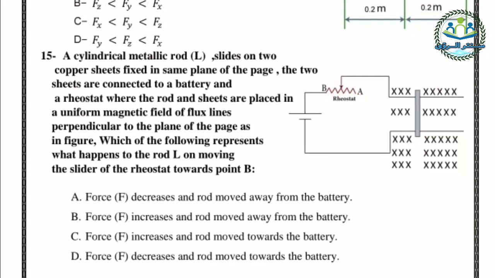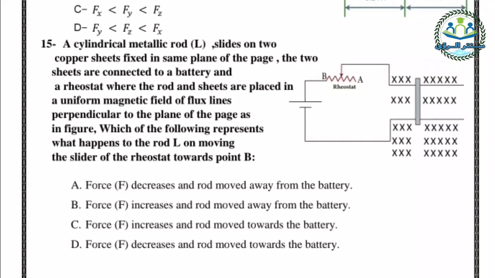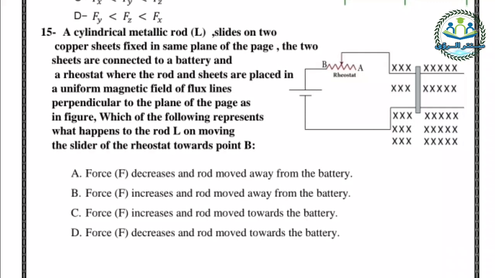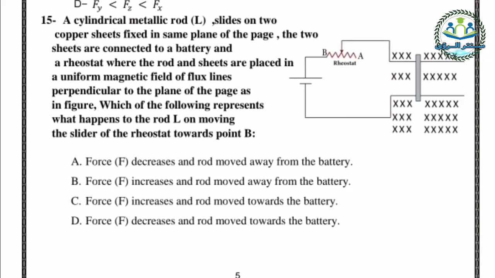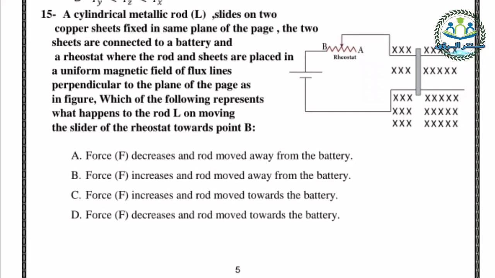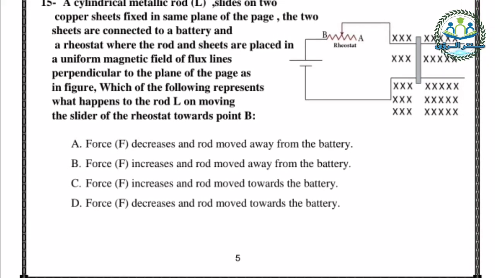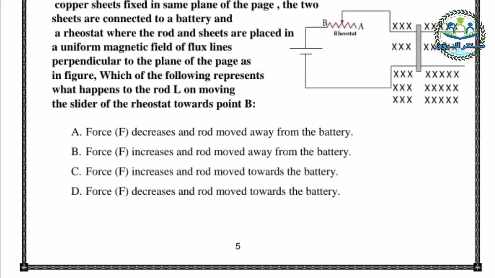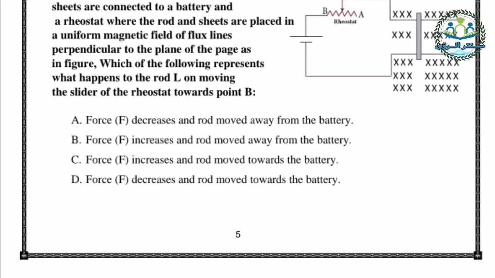A. Force F decreases and the rod moves away from the battery. B. Force F increases and the rod moves away from the battery. C. Force F increases and the rod moves towards the battery. D. Force F decreases and the rod moves towards the battery.